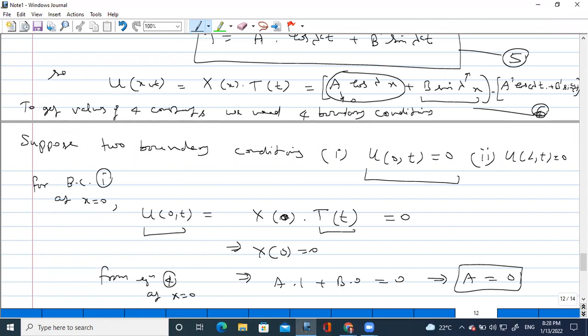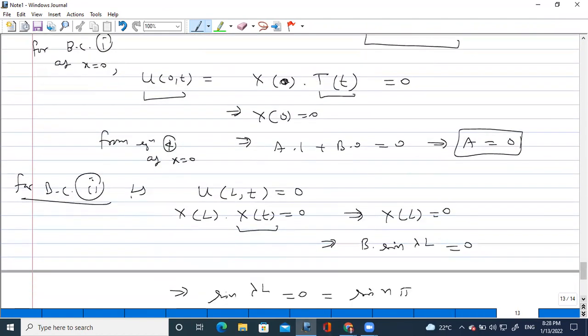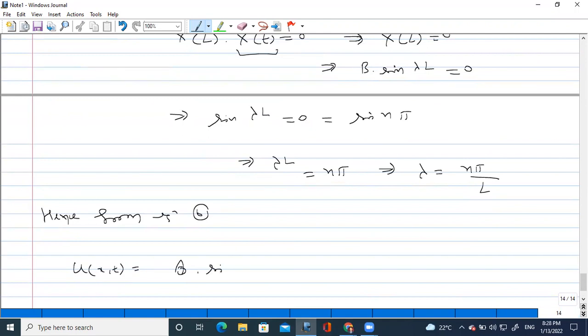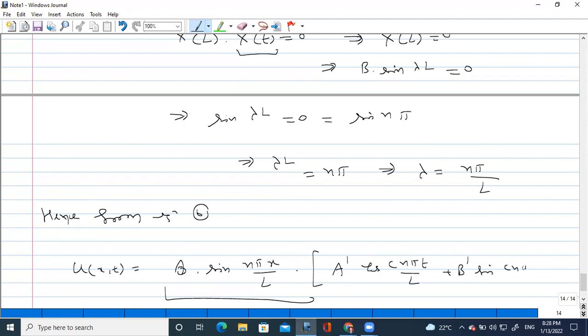And this term will be complete. So it is B into sine n pi x by L. Understood? So this is from the first portion, and the second portion is complete: A dash cos c n pi t by L plus B dash sine c n pi t by L.